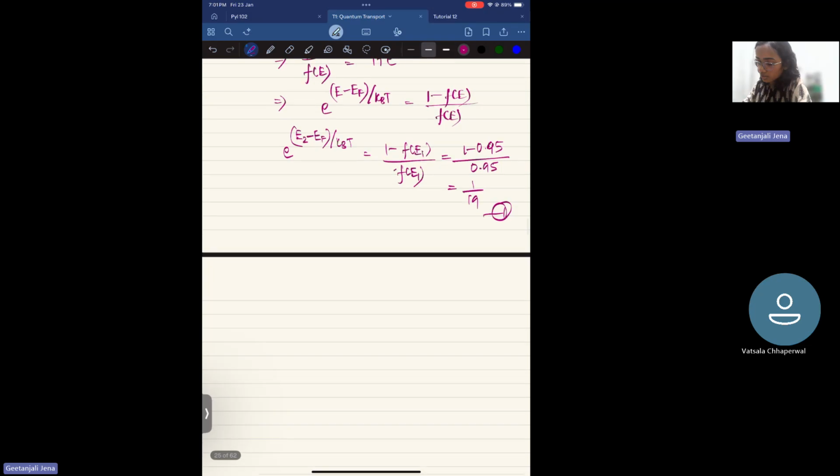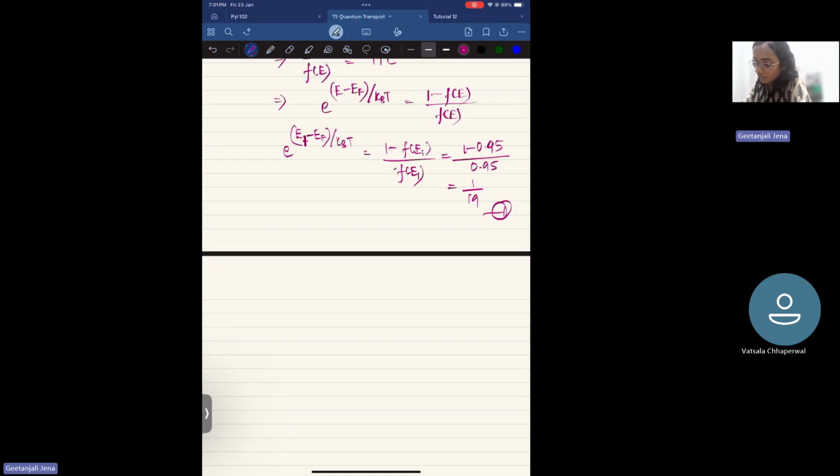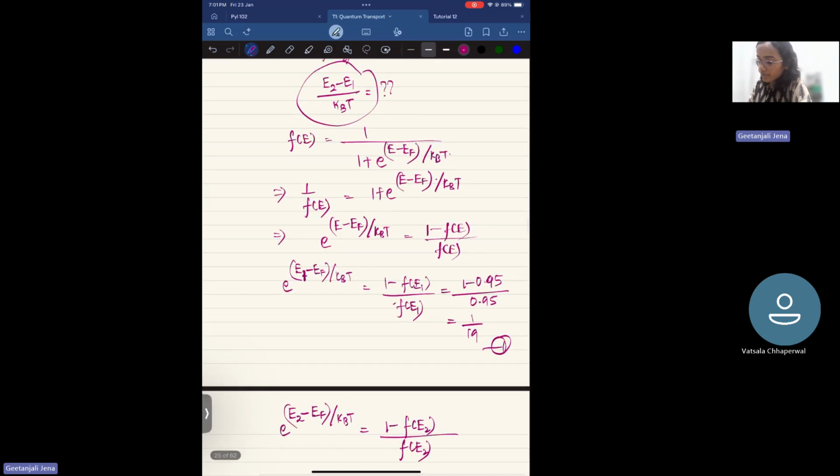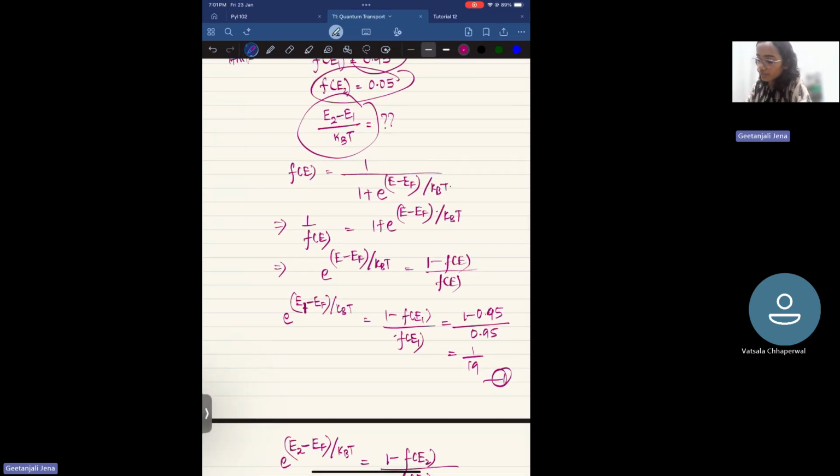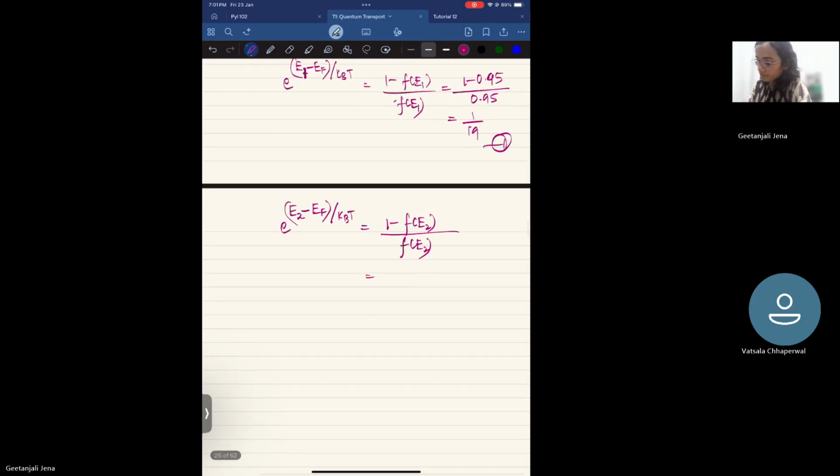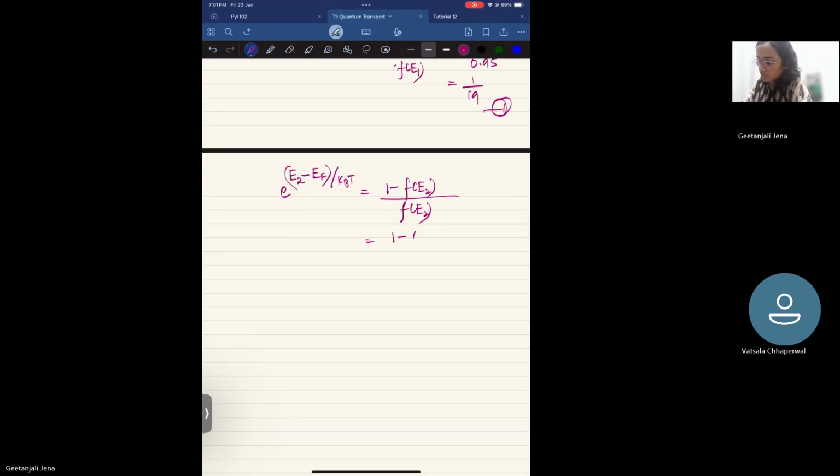Now for E2, we can similarly write e to power (E2 minus EF) by KBT is (1 minus f of E2) by f of E2, and f of E2 is given, it is 0.05. So this will be 0.95 over 0.05, which is 19.